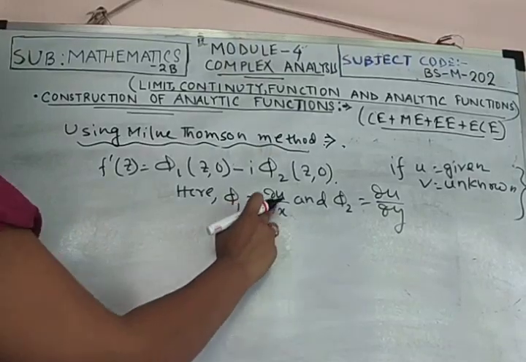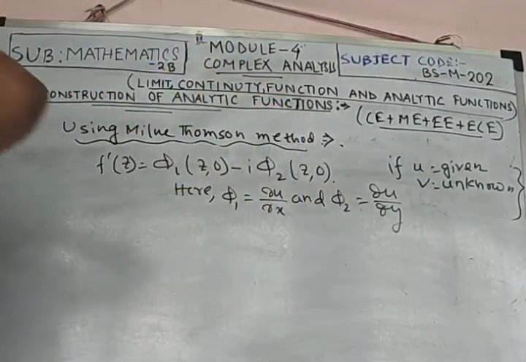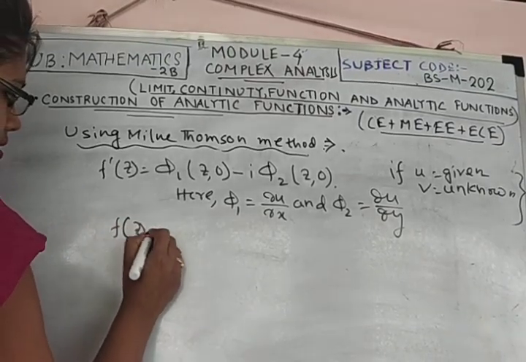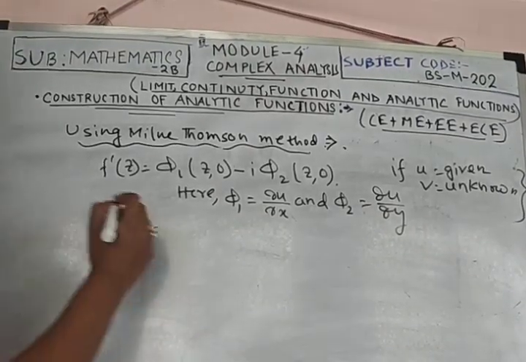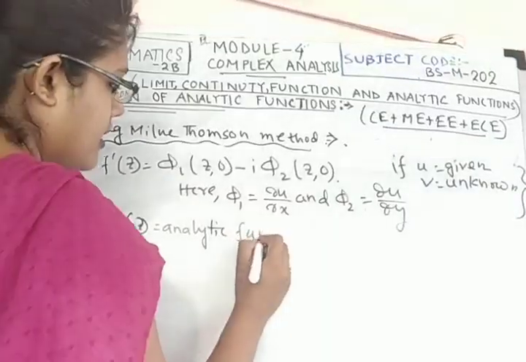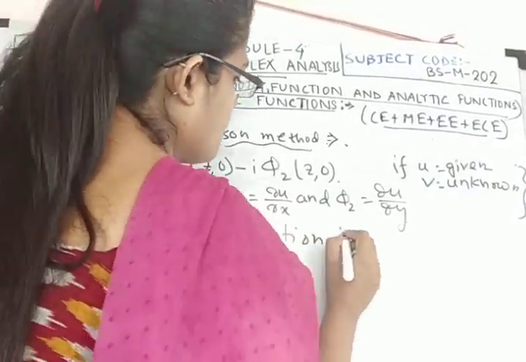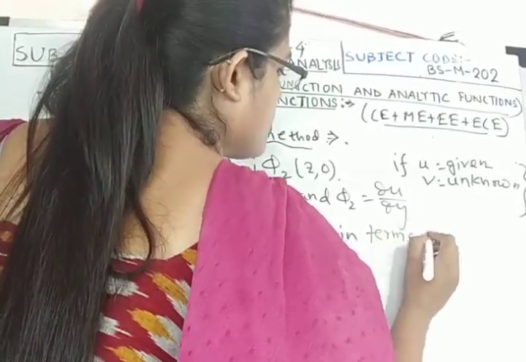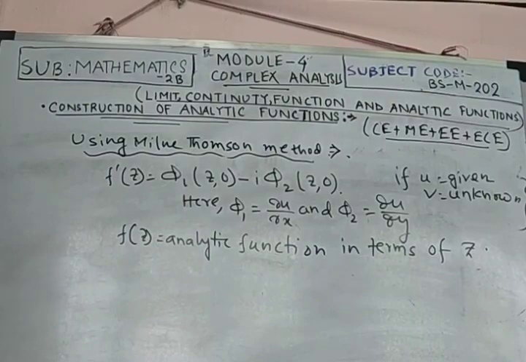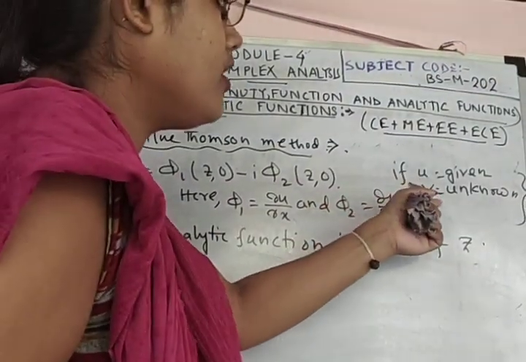After integration, we can find the analytic function in terms of z, and then we can also find the conjugate harmonic function v.